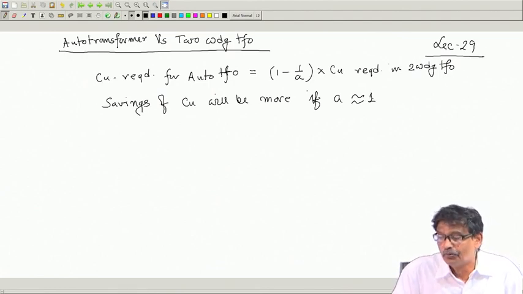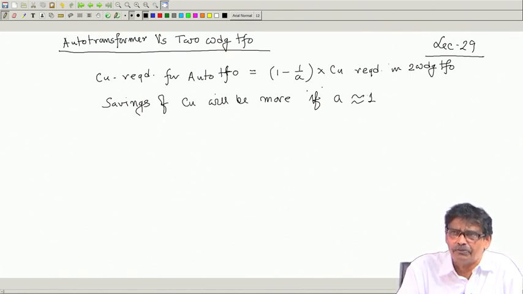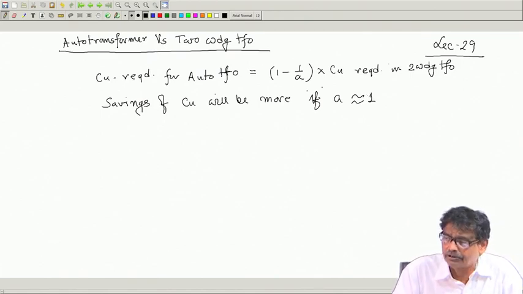In fact, if A equal to 1, this mathematical expression says auto transformer does not require any copper. That is a critical point, forget about that. It simply means that no transformer is necessary, the supply voltage is the same voltage you want.